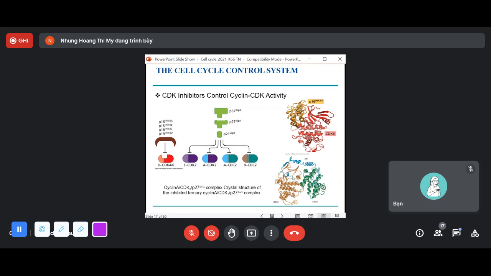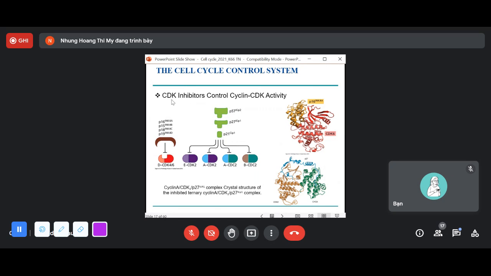So besides the activation of the CDK, the other control of the CDK is negative control. That means the activity of the CDK can be inhibited by inhibitor molecules in the cell.